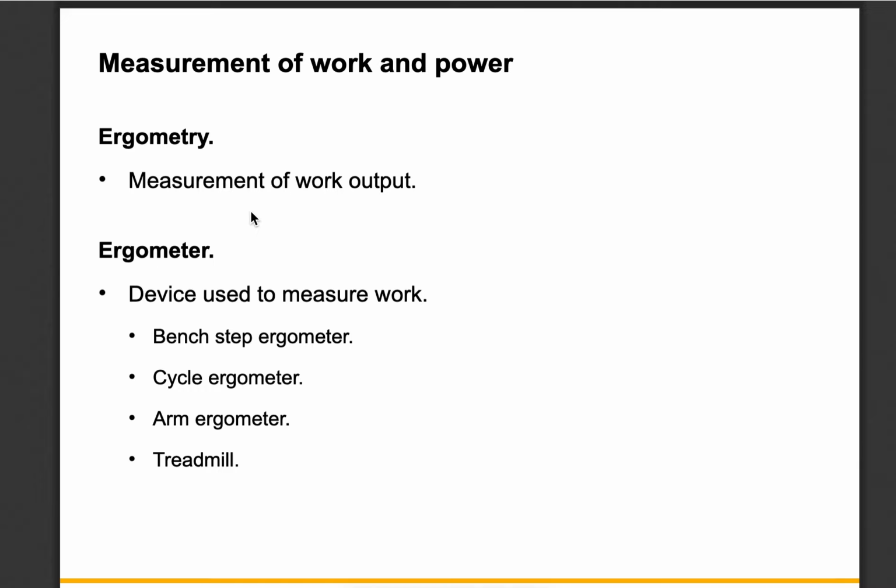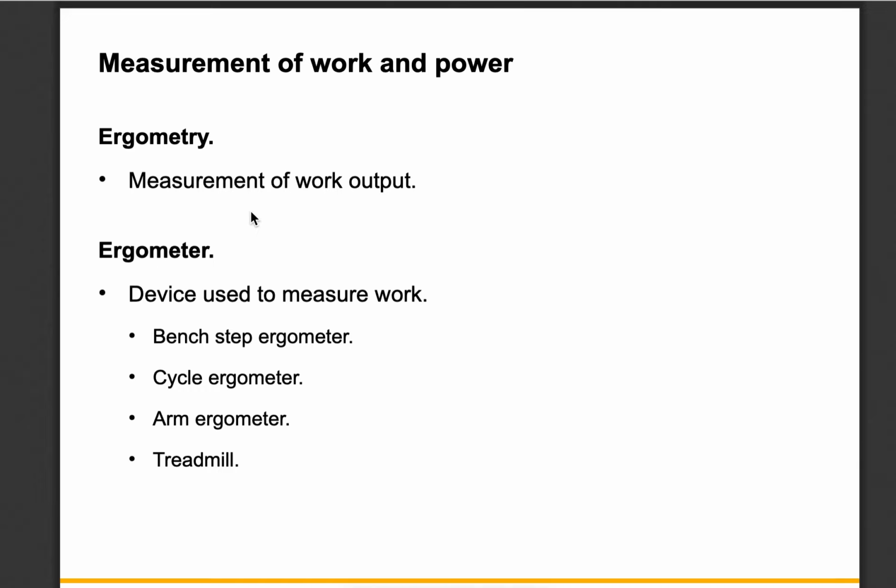And so you have different types of ergometers. One common one would be a cycle ergometer. So typically think of a bike. A bike is a cycle ergometer. A lot of times when people are biking, they're not thinking about measuring the work they're putting out, and bikes are not designed to do that.